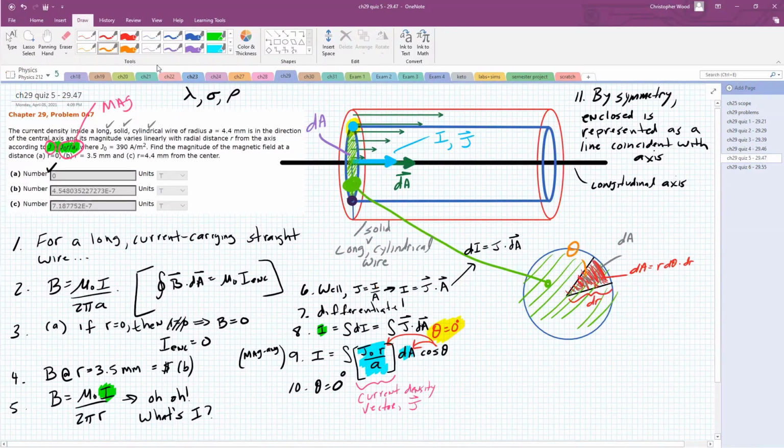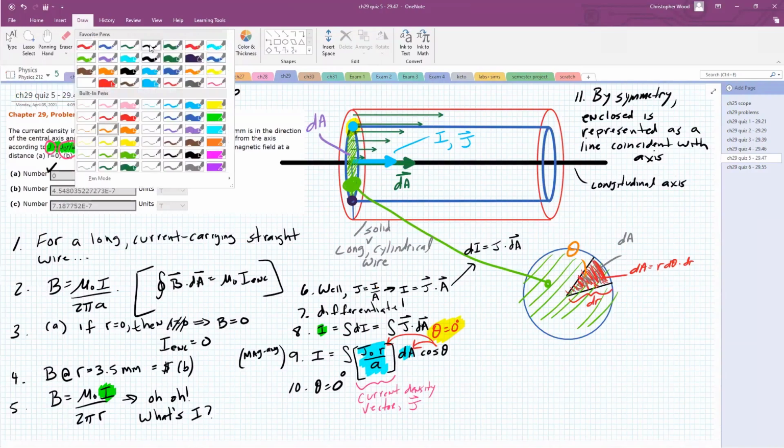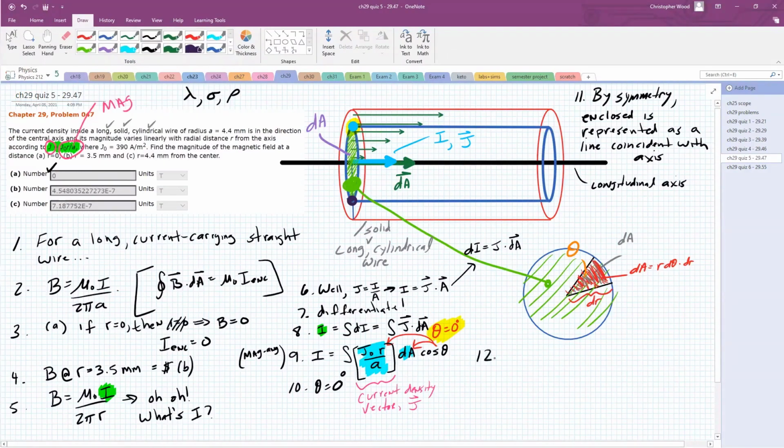Okay, so let's put all of that in an integral, and I think we're almost done. Number 12. The enclosed current equals, I'm looking at number 9, pull out the constants. J naught is a constant, little a is a constant, cosine of 0 is 1, so we're done with that.